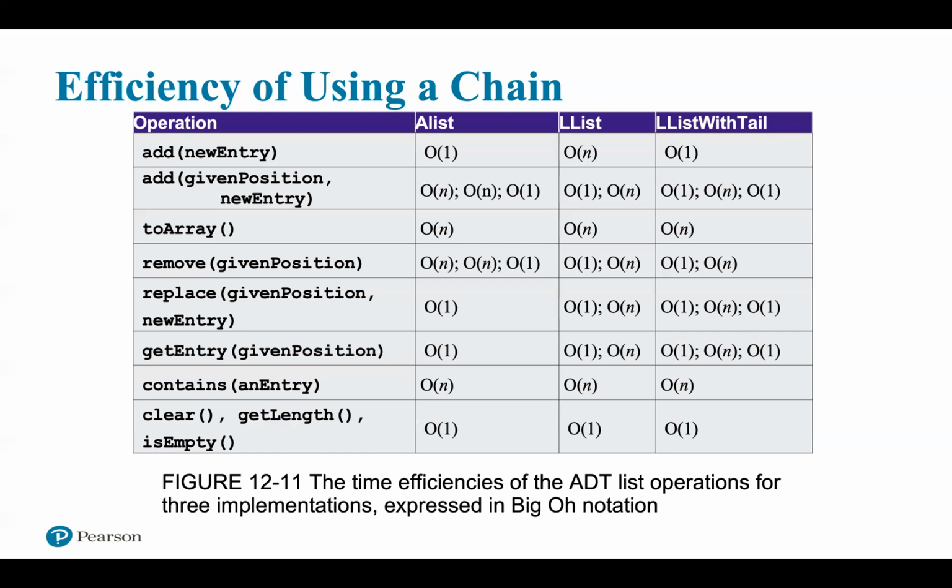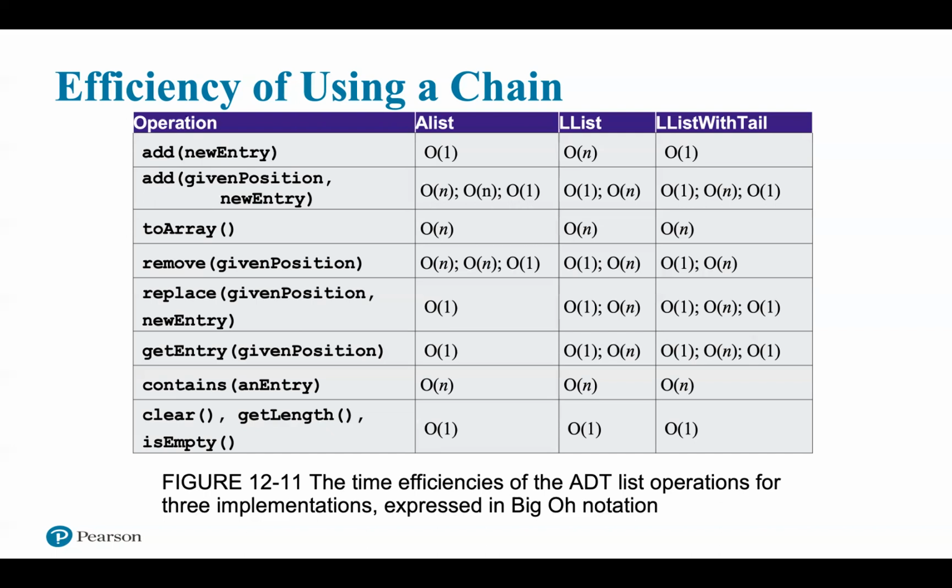Since getNodeAt is big O of n, in this case the add method is big O of n. Class LList with tail, on the other hand, does maintain a tail reference for the chain of linked nodes. Thus, its add method, as given in segment 12.22, does not call getNodeAt, and so is big O of 1.